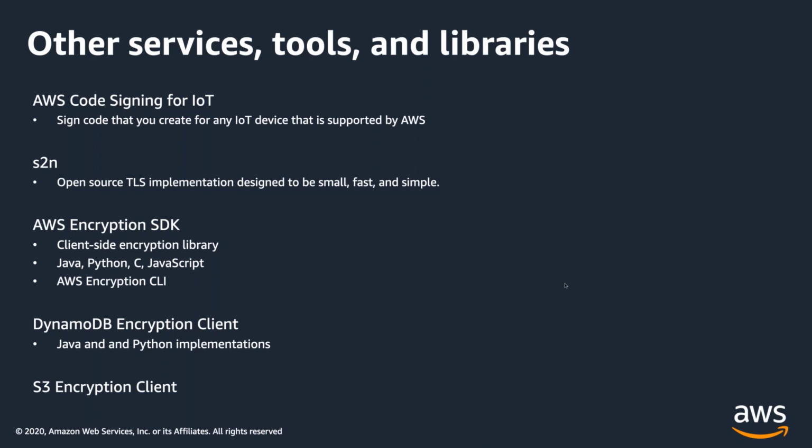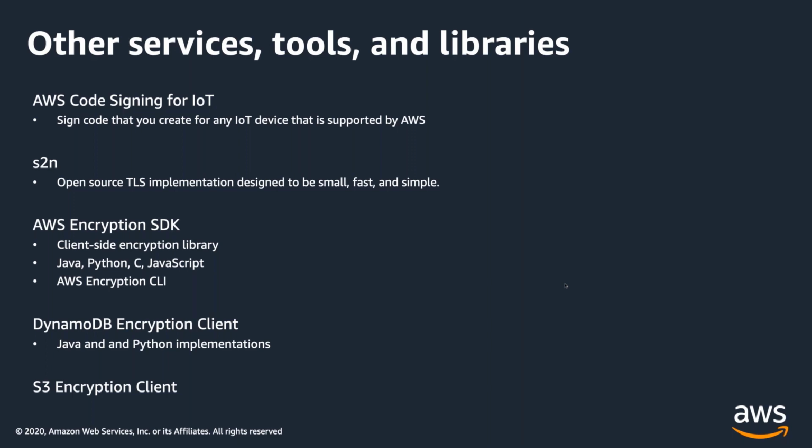If we go back to the shared security model on that lower layer of the customer side, we talked about server-side encryption, we talked about client-side encryption, and then we also talked about network encryption or encryption in transit, and that's where S2N could be used as well. For encryption at rest and client-side encryption, we've got a number of different libraries and products. We have the AWS Encryption SDK, which is a client-side encryption library.